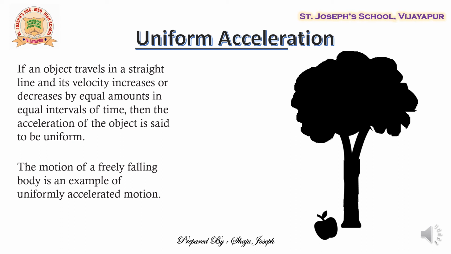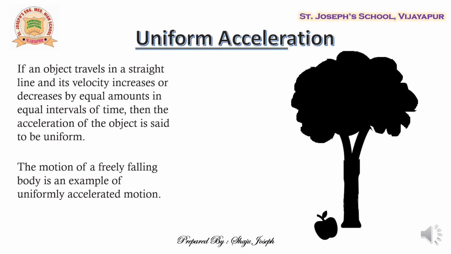Now imagine after the object attains 5 meter per second velocity, if again 2 seconds pass and the object has speeded up to 7 meter per second velocity. Now which is the final velocity? 7 meter per second. Which is the initial velocity? 5 meter per second. Subtract 7 and 5, we get 2 divided by the time, that is again 2.